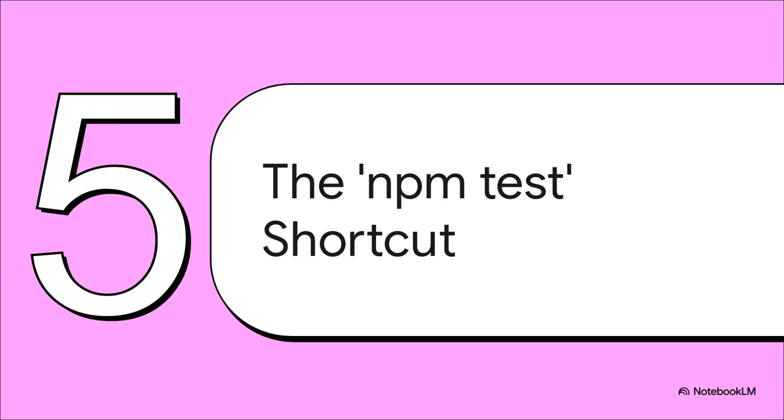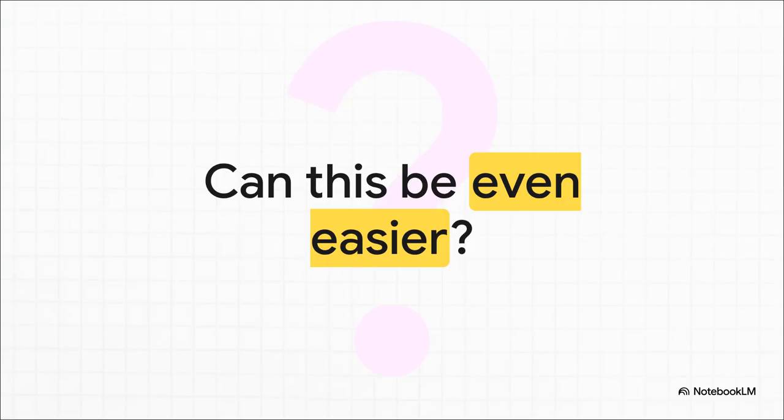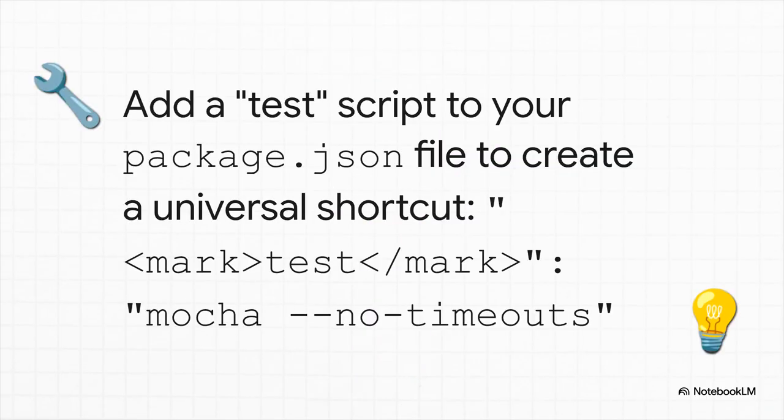Okay, so we have an automated test, which is a huge, huge win. But what if you didn't have to remember that long command every single time you wanted to run it? Yeah, we can totally make this easier. Let's level this up and make it more professional by creating a shortcut that honestly is industry standard. The whole secret lies right inside your package.json file. All you have to do is add the single test script that you see right here.